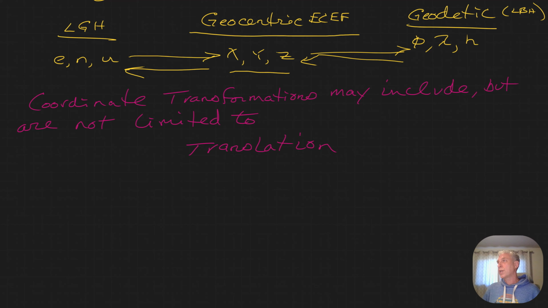We can do a rotation, where we actually rotate our reference frame axes. We can do scaling. We can scale our coordinates. Reflection, so we can reflect over any of the axes.